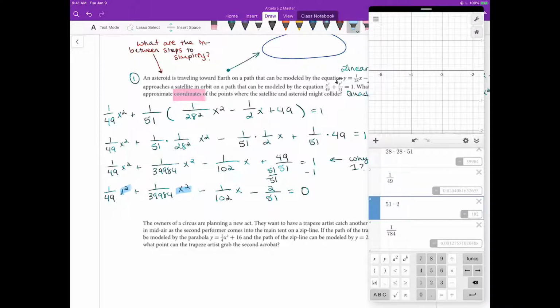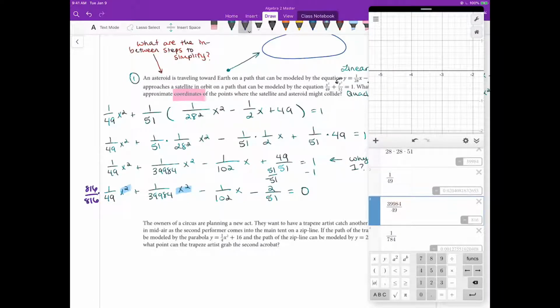So now 399.84 and 49 obviously aren't the same, but I could multiply that 1 over 49 by something that could get me 399.84. Let's see what that would be. 399.84 divided by 49 is 816. So times 816.